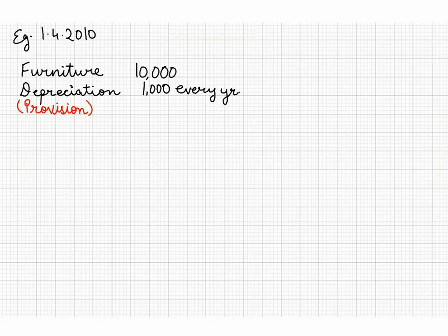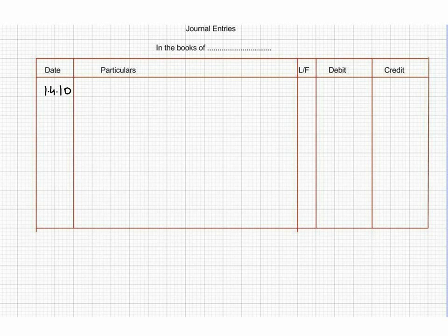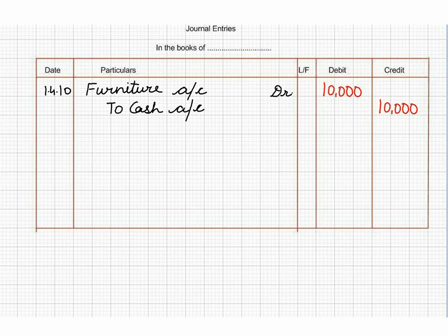So what will be the journal entry on 1st April 2010? Today you have bought the furniture, furniture account debit to cash, rupees 10,000. After 1 year, 31st March 2011, you know, depreciation is always provided at the time of closing. So you are going to provide depreciation of rupees 1,000 today. You have to reduce the profit.